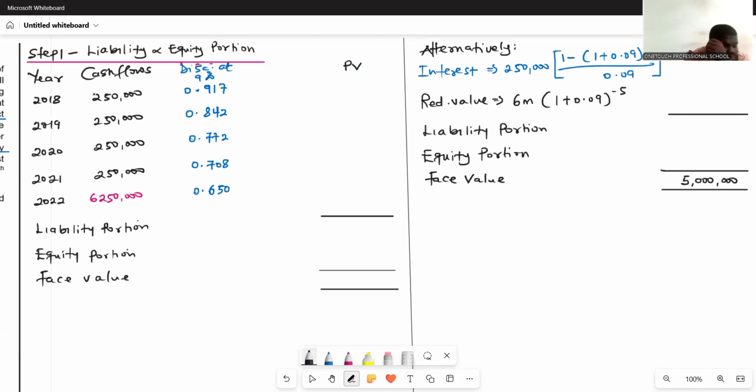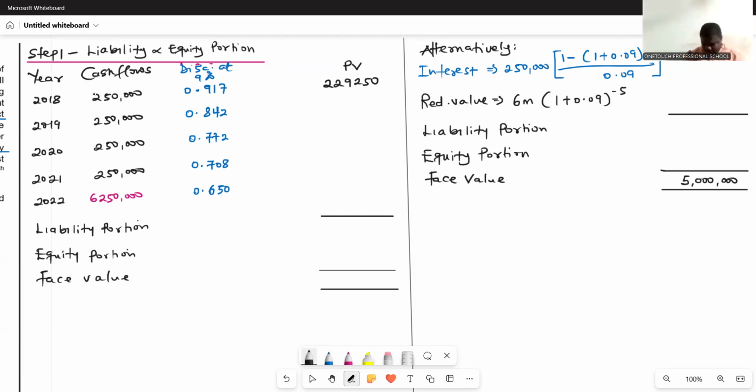So present value. Let's multiply to get the present value. The first one is 229,250.